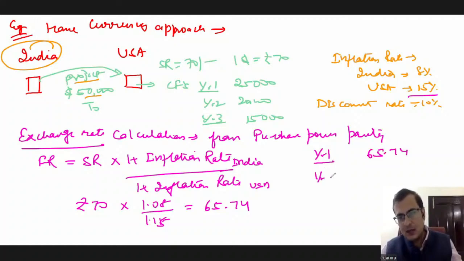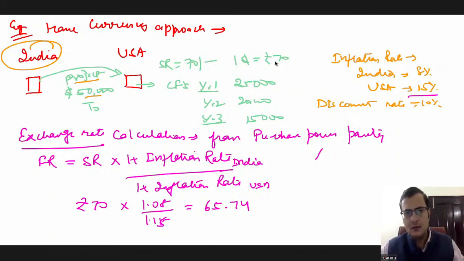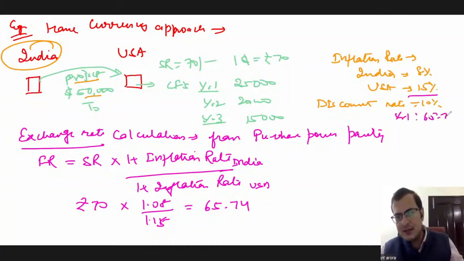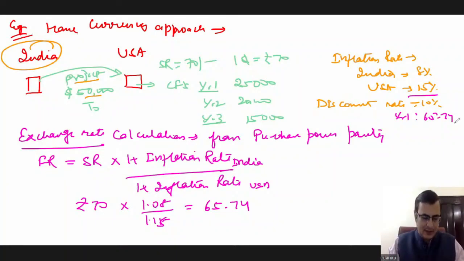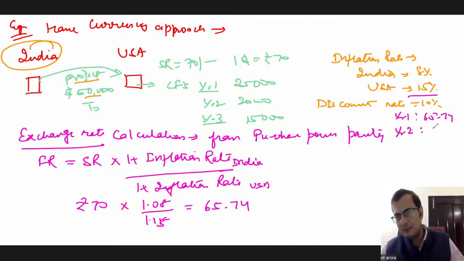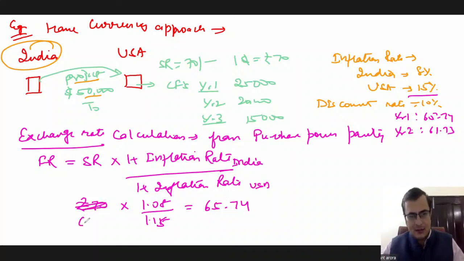Year 2, let me write it over here so that I can save some space. So year 1, it will be 65.74. So 65.74 again multiplied by the same 1.08 divided by 1.15. I put in this rate over here, 65.74 into 1.08 divided by 1.15.